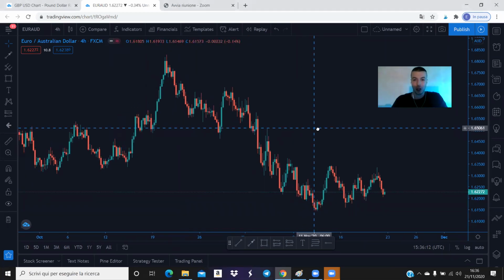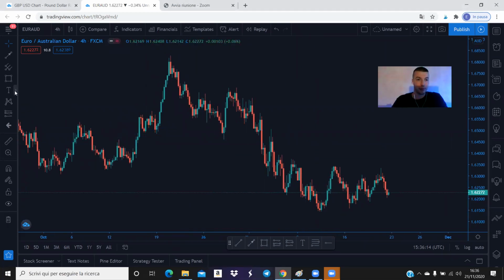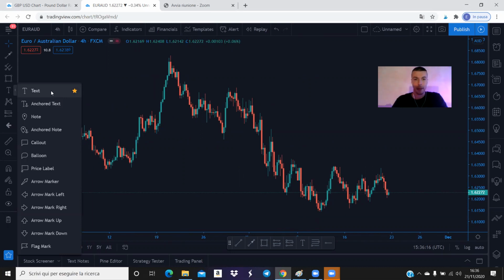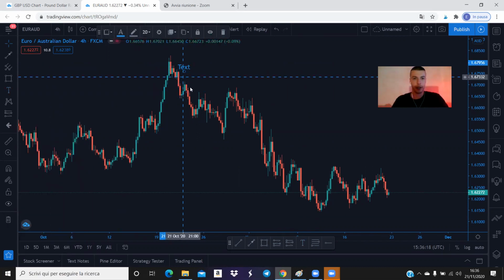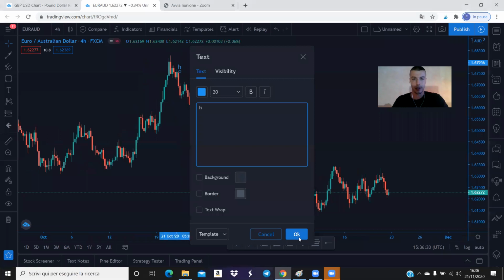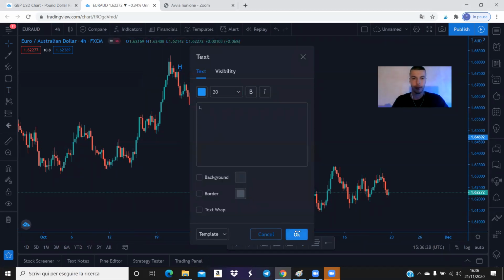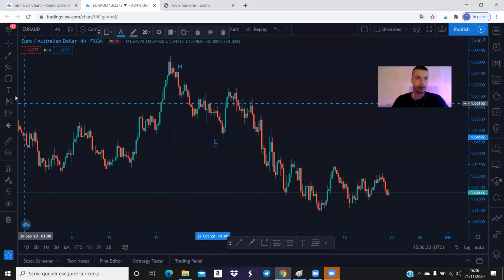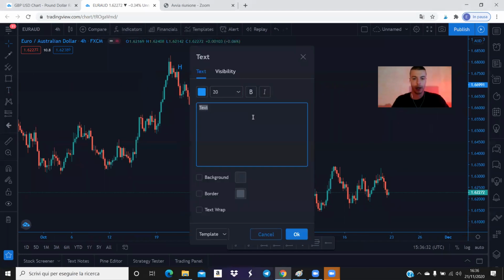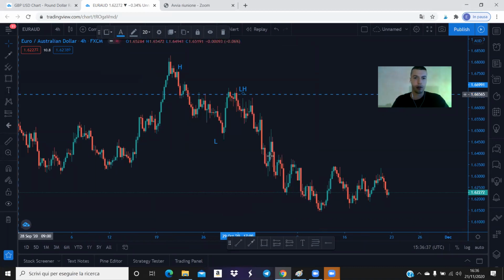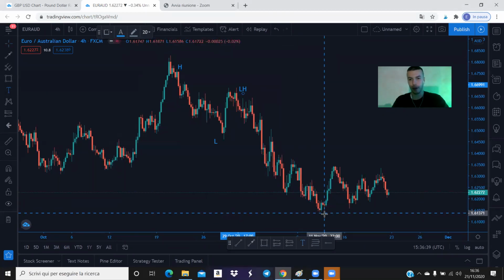At the moment, just to understand how the market is moving, in this case, we have a high right here. So we have a high, a low, in this case, a lower high, lower low right here, well, all the way down.